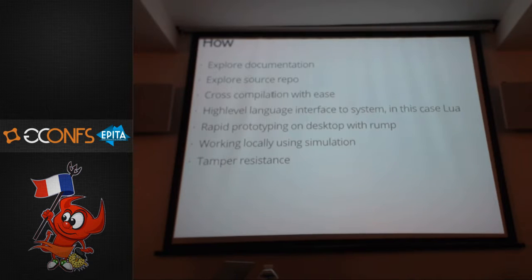The cross-compilation stuff that makes it really easy to do things without having to run the target environment locally. Actually explore the internals, explore the system with Lua, do some things with Rump, explore the simulation devices like the GPIO sim, and then I look at tamper resistance with VeriExec.